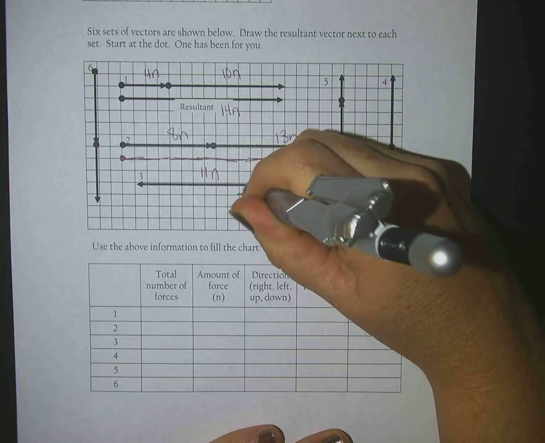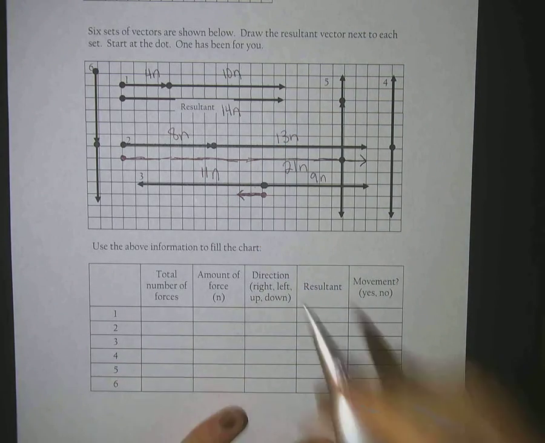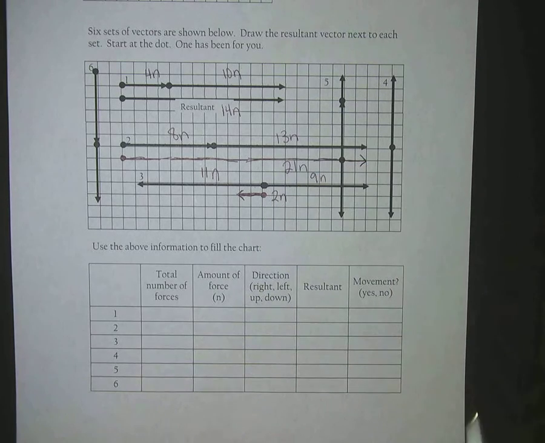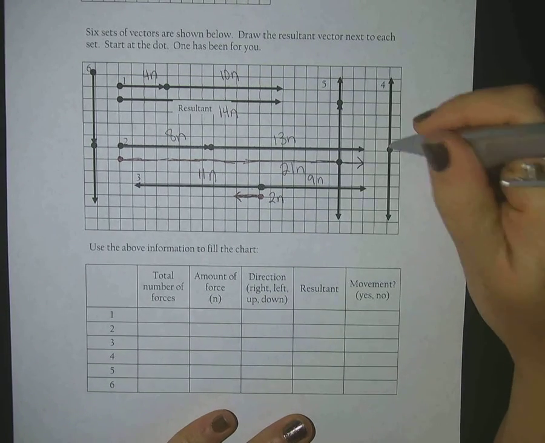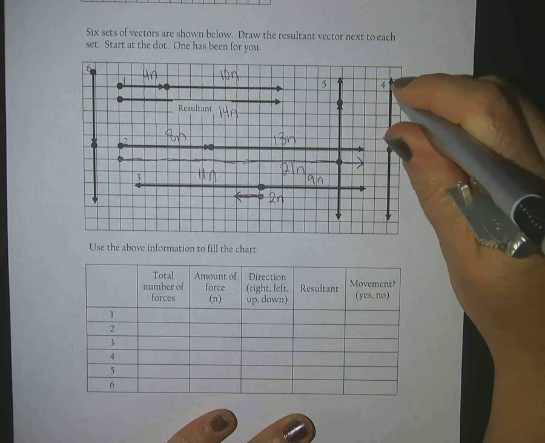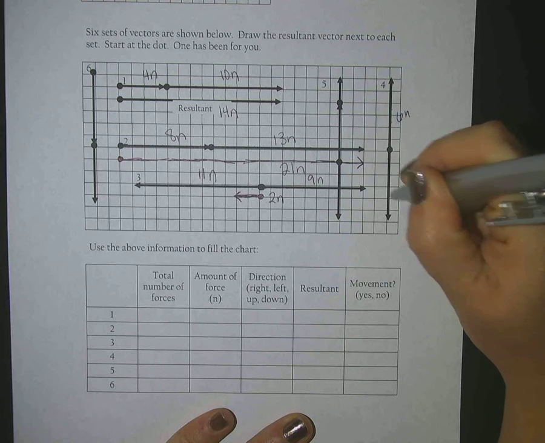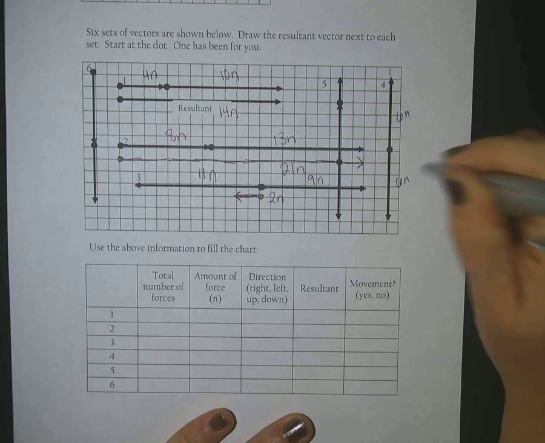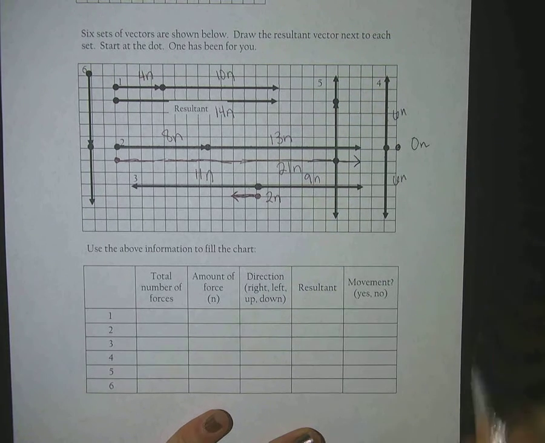So that's all you have to draw is the resulting force, which would be the 2 newtons to the left. Okay, number 4, you have 6 newtons up. 6 newtons down. What's the result? Draw a dot. And you can just put 0 newtons because they cancel each other out.